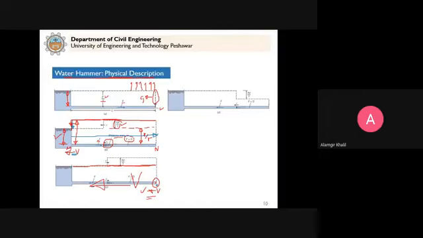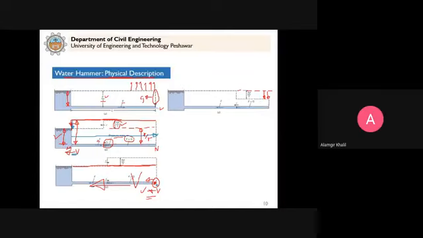Another pressure wave will set up and it will travel through the fluid. And this pressure wave will bring the pressure below the normal now. It will bring the pressure to the negative zone now, instead of positive, because the velocity here is now reverse.